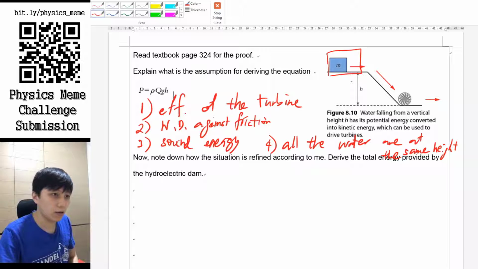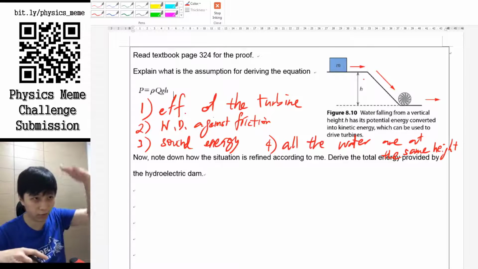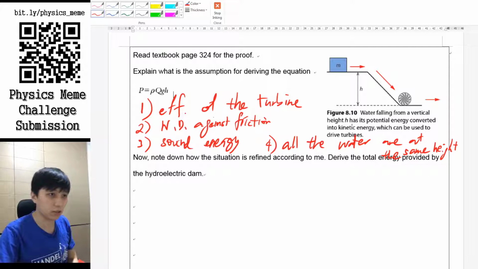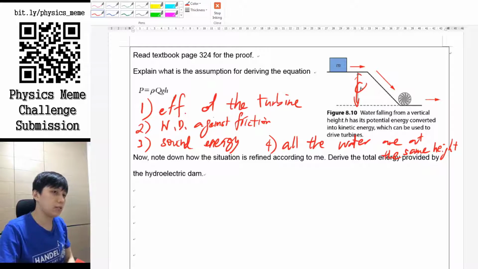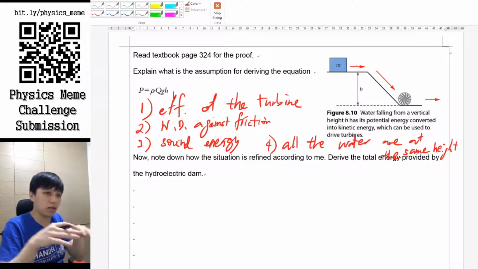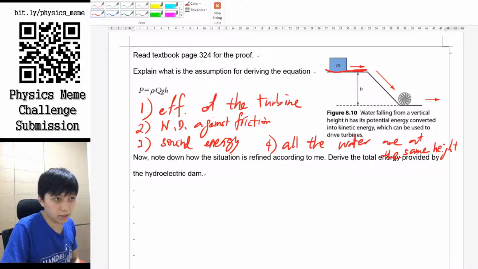So here we are only taking the height as the height from the turbine up to the ground of the water. So like the picture indicates here, H. You can see that it assumes all the water is simply on this layer. So this is the assumption here.